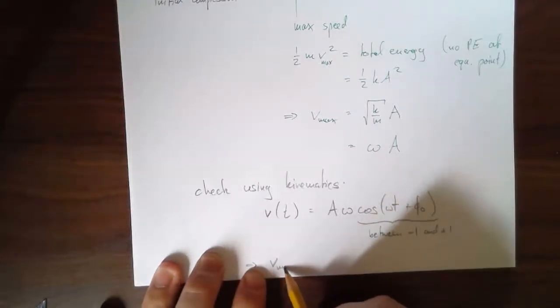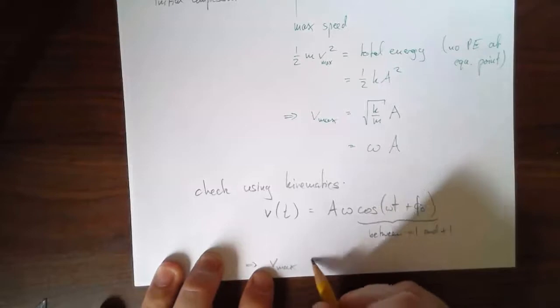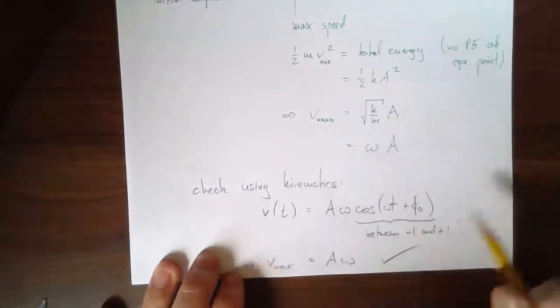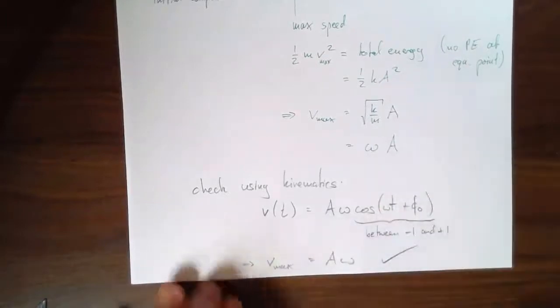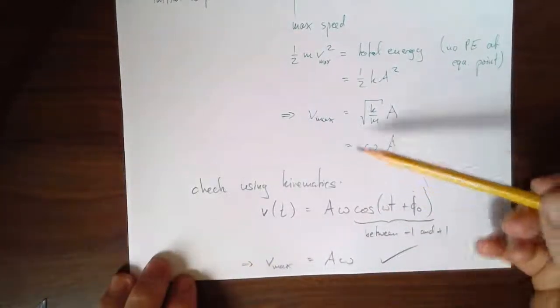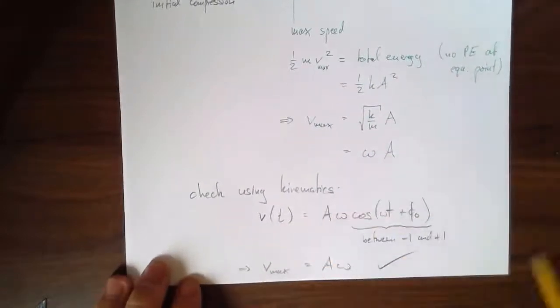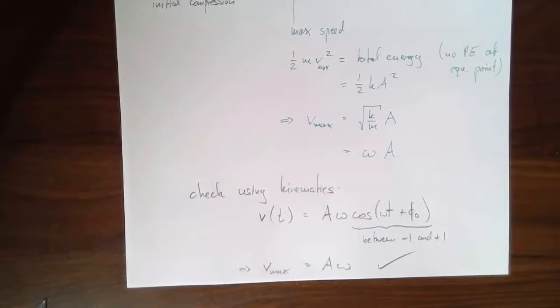V max is going to be a omega, just like we had up here. And so that confirms that same result, right? We derived it twice, once using energy, once using the kinematics.